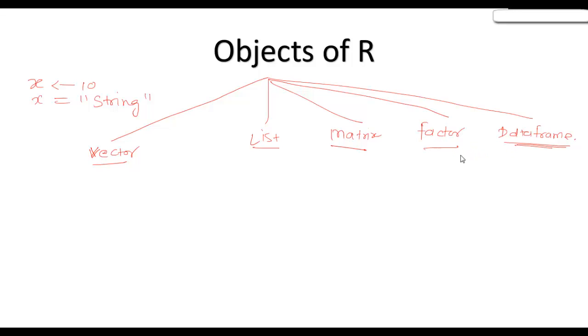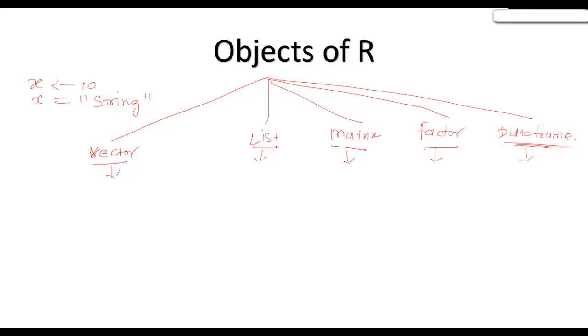I mean, what you have learned so far, I'm not saying it's rubbish. It's important, obviously, but here is the true work that made R a popular language. This is vector, this is list.